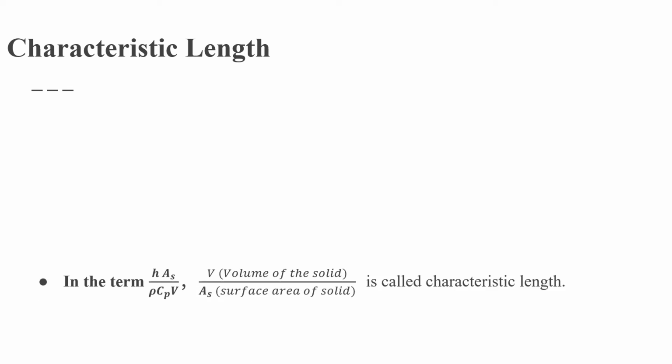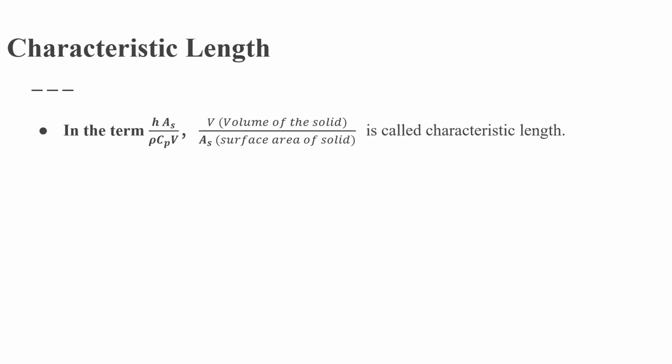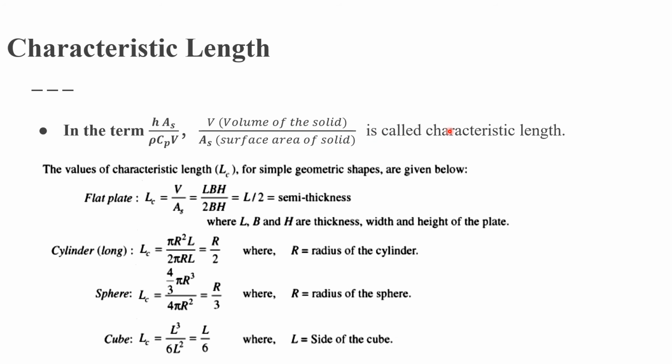Now we will find another term here. In the term hA by rho Cp V, the volume by area is called the characteristic length, because the unit of volume is meter cube and surface area is meter square, so meter cube by meter square gives meter. This is called characteristic length. The value of characteristic length is different for different geometries.